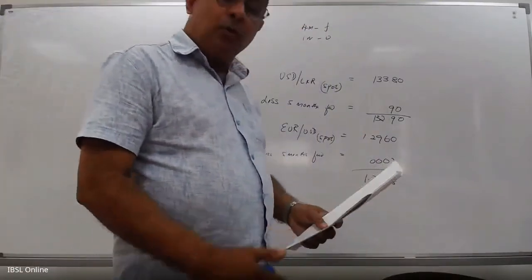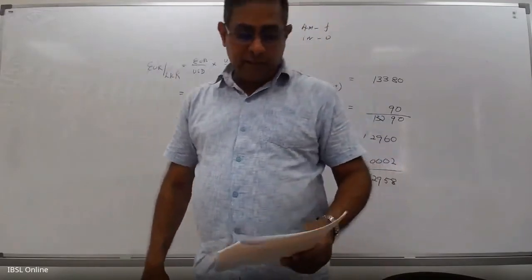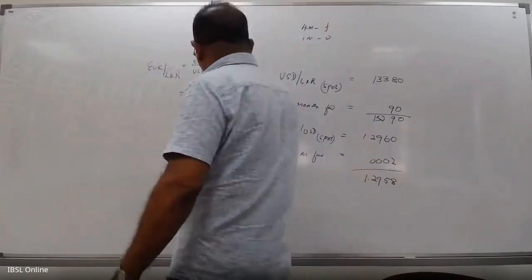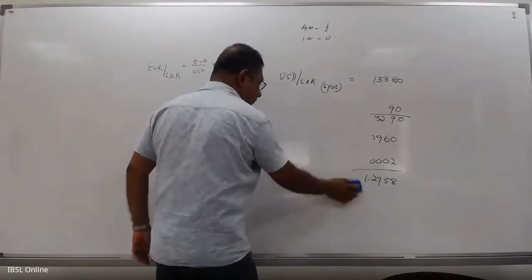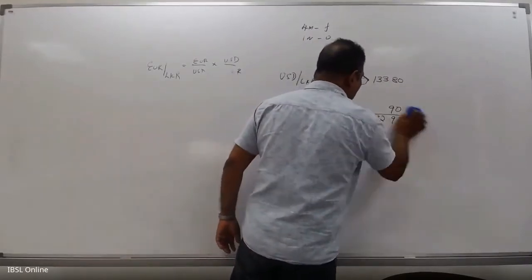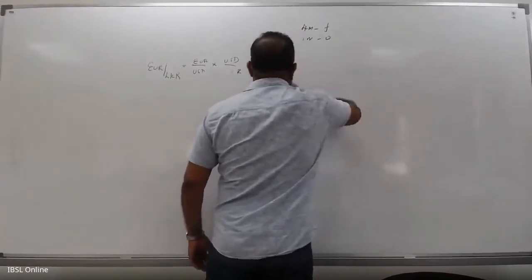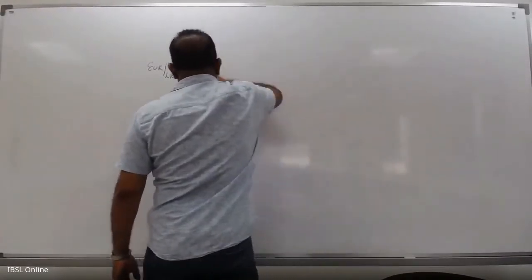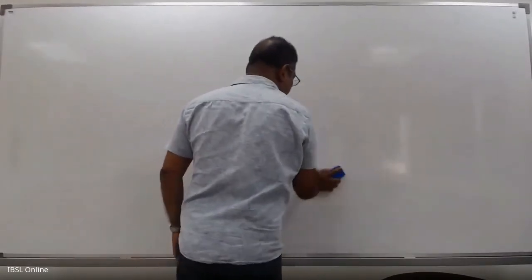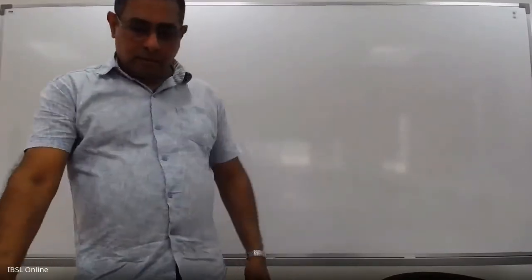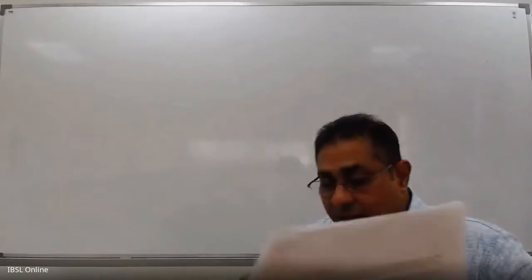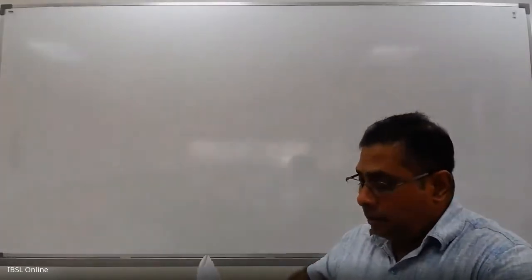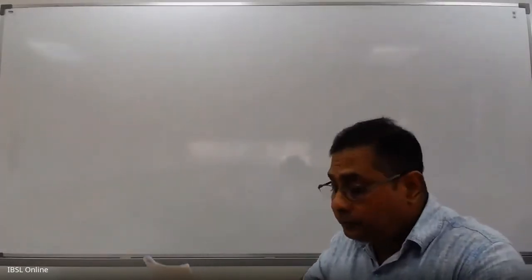Now the next two are the import legs. So we'll do the import leg. You see what it says? Roman 4.